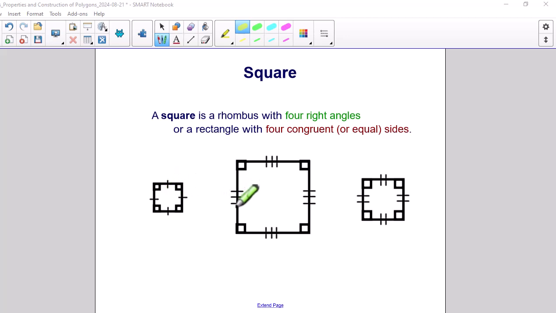The triple markings on each side of this large square show that they're all the same length, and the double markings on this medium-sized square show that they're all the same length. So a square has four congruent sides and four right angles. It's also interesting to note that a square is a regular polygon.